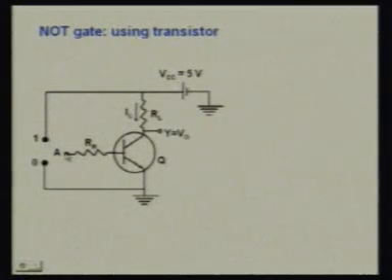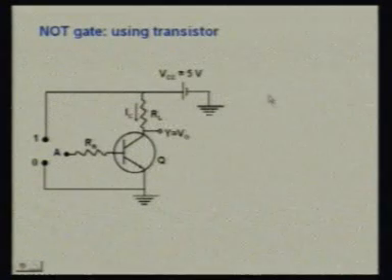Now A is the input and we have taken the output at the collector terminal. So we can connect A at this point, then it will assume the 1 state, and if we connect A to this other point, then it will assume the 0 state.